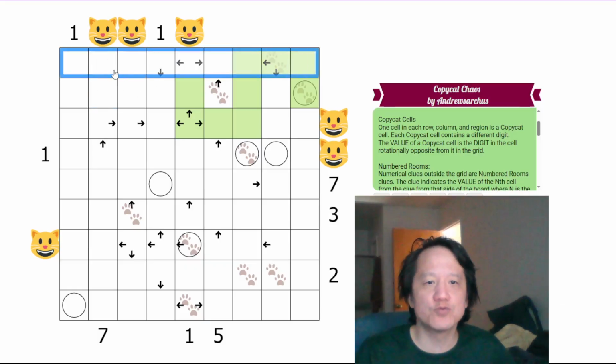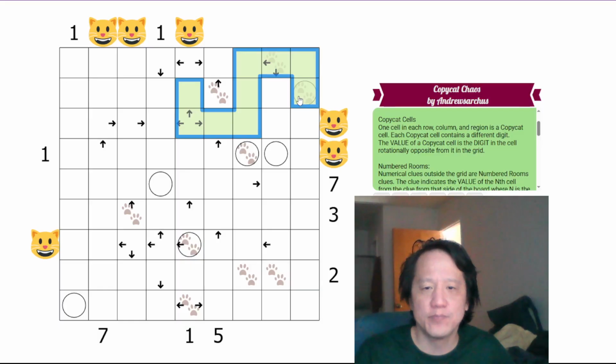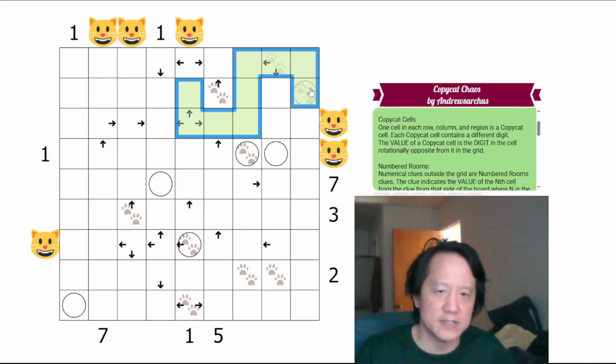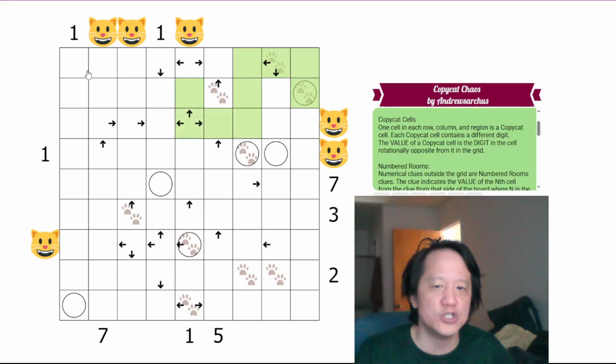So in each row, column, and region, we have one copycat cell. And each copycat cell contains a different digit. In other words, you can't have repeats in the copycat cells. And the value of the copycat cell is the digit in the cell rotationally opposite from it in the grid.